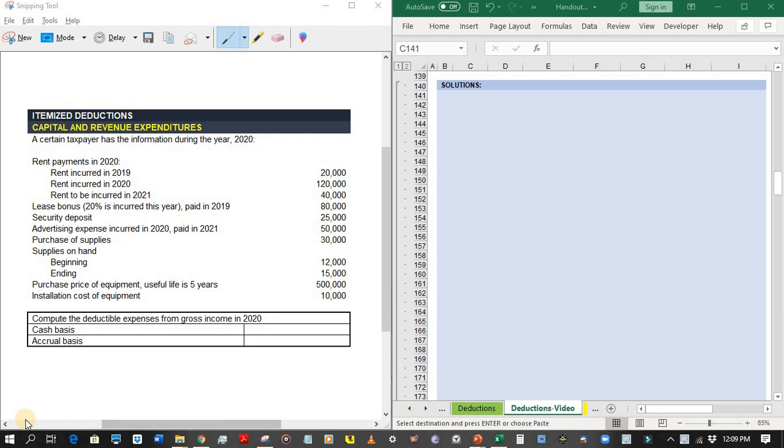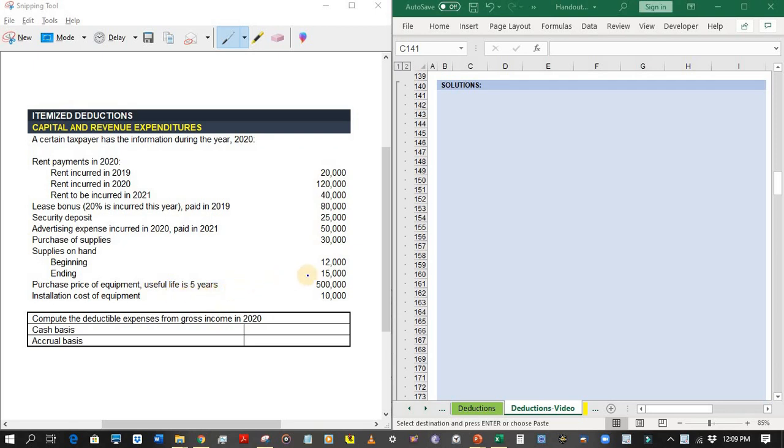Problem. We can apply the rules on capital and revenue expenditures and the use of cash basis and accrual basis of accounting. First, let us look at capital expenditures. Based on the problem, we have a purchase of equipment that has a useful life of 5 years.